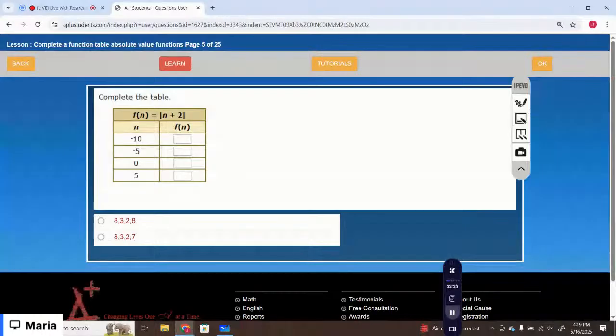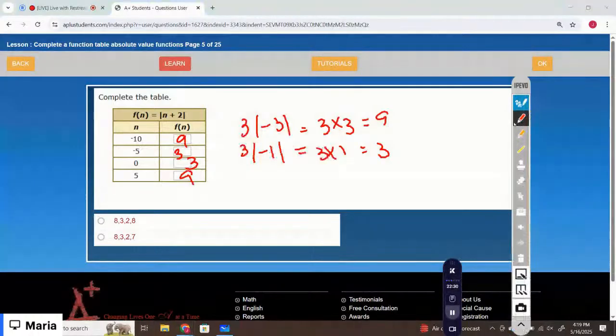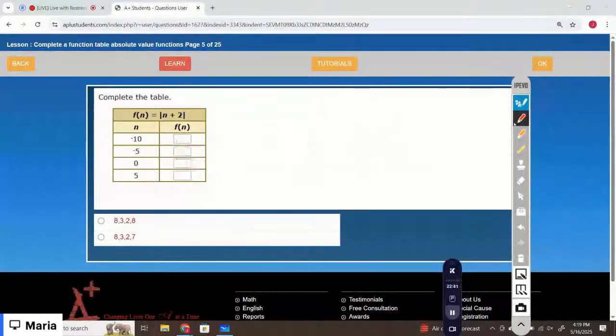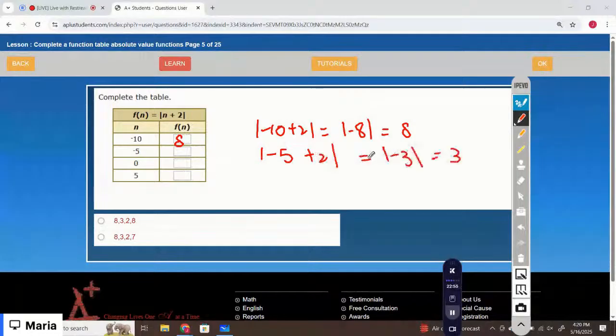F of n equals the absolute value of n plus 2. So let's just evaluate the absolute value of n plus 2. Negative 10 plus 2 is negative 8. But the absolute value makes it positive, so we have 8 here. Same thing with negative 5 plus 2, which is the absolute value of negative 3.